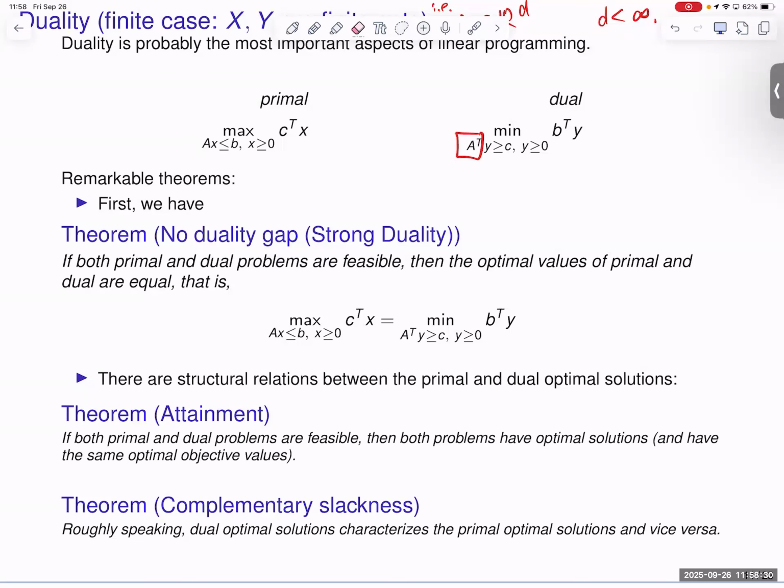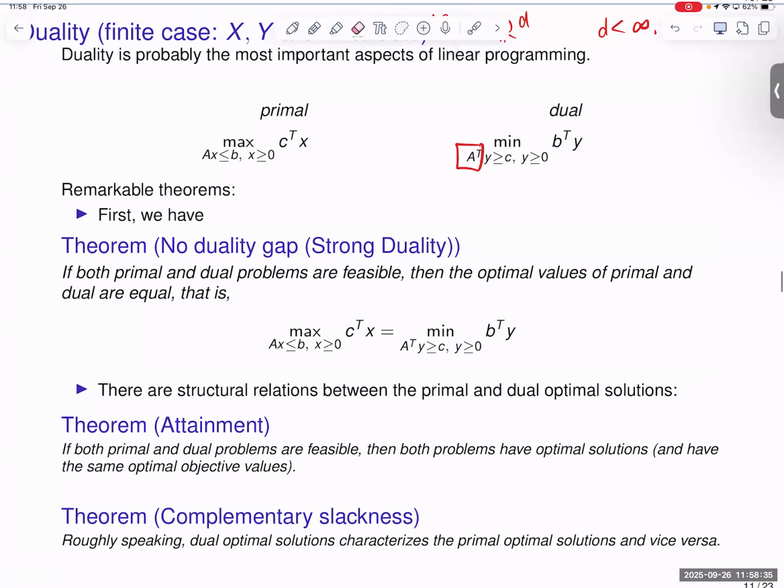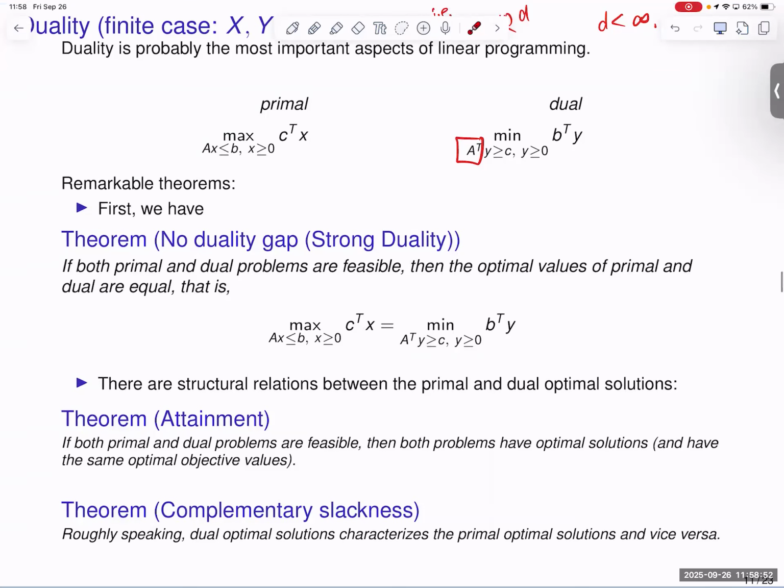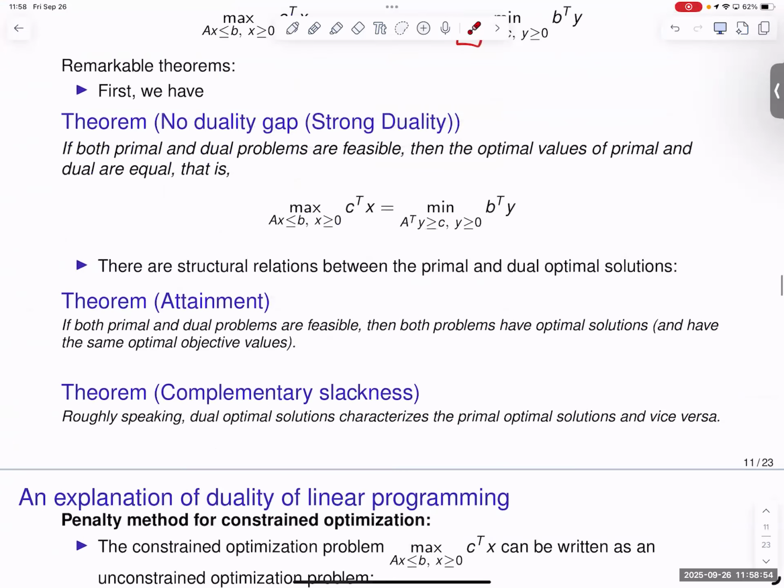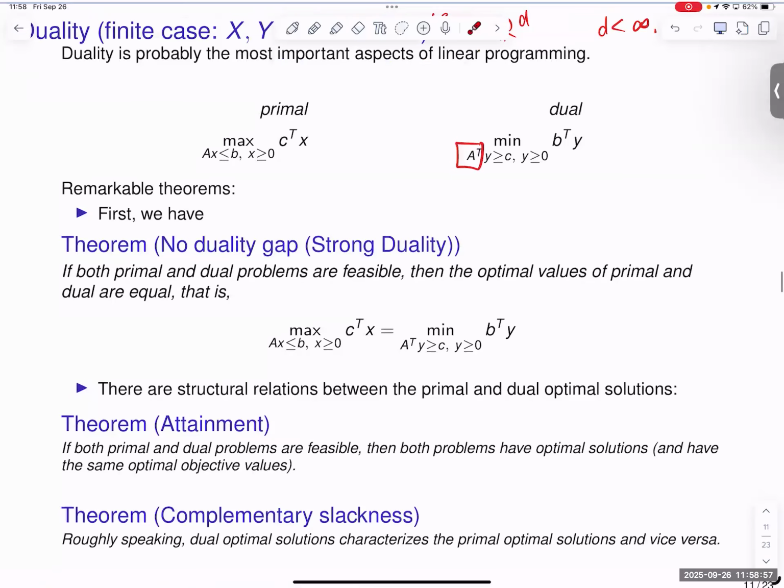Okay, you will see this more later. So these are three key theorems of linear programming: no duality gap, attainment, and complementary slackness. And they will be three key theorems of optimal transportation too. Okay. All right. Now let me explain where this dual problem comes from.